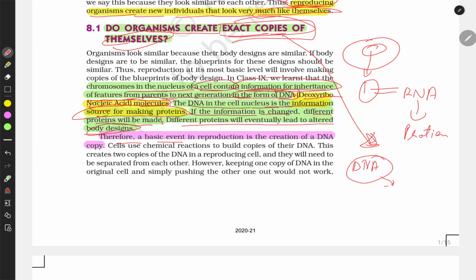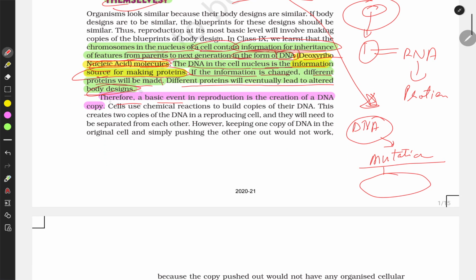there are some errors. These errors are called mutation, and due to this mutation there is a slight variance in the newly reproduced organisms. So a basic event of reproduction is the creation of a DNA copy. Reproduction is just the creation of a DNA copy.